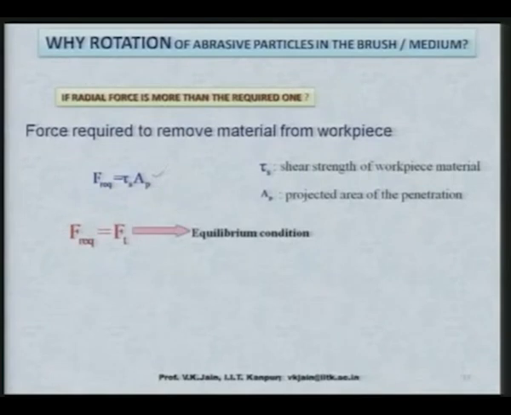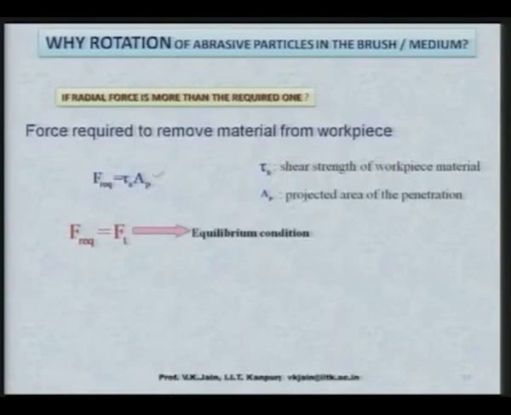We have seen in the earlier slide that material is being removed in the form of a microchip. So, whatever is the penetration, the projected area A p is the common face area of that particular abrasive particle and the workpiece, and tau s is the shear strength of the workpiece material.